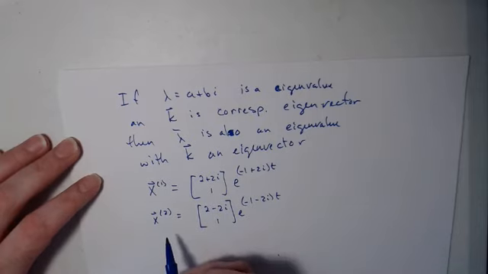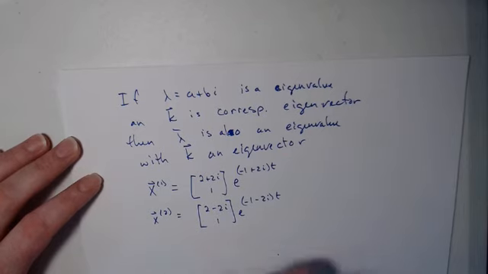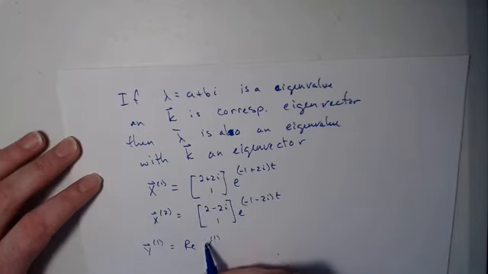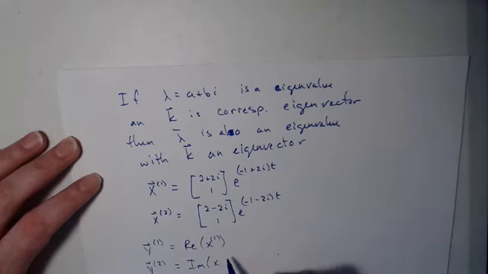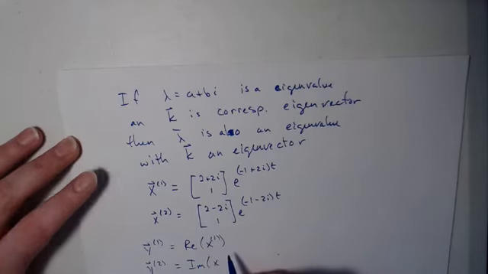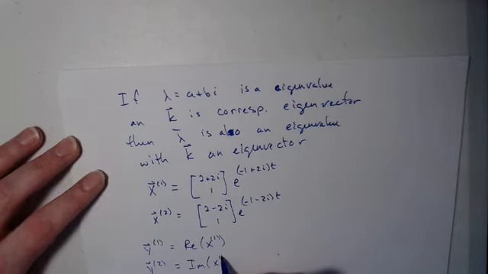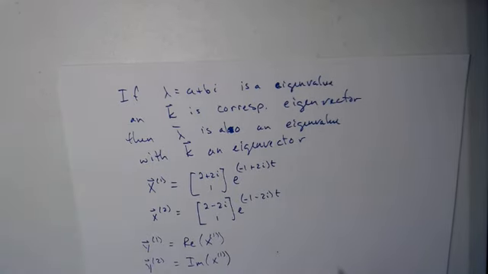We can define a new x. I'm going to actually call it y. I'm just going to define y1 as the real part of x1, that's also the real part of x2, and y2 to be the imaginary part of x1, which is the opposite of the imaginary part of x2.